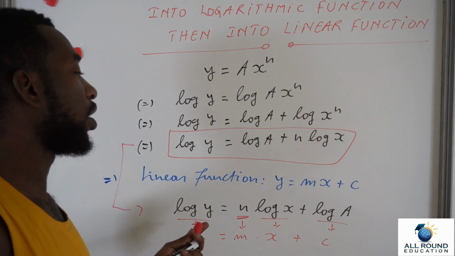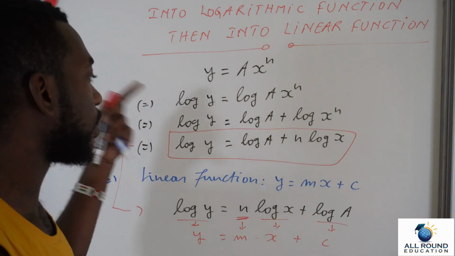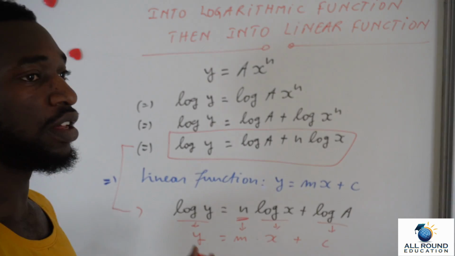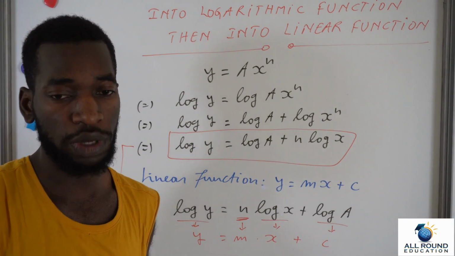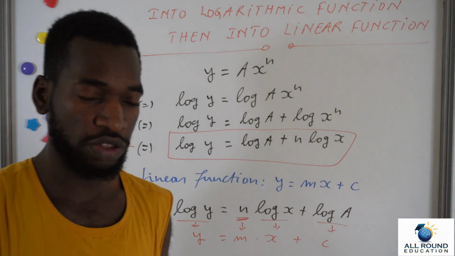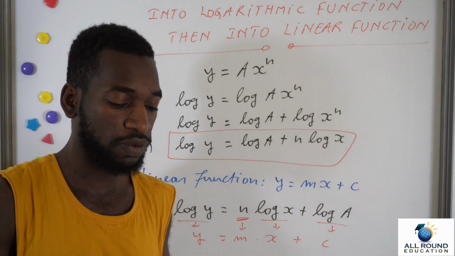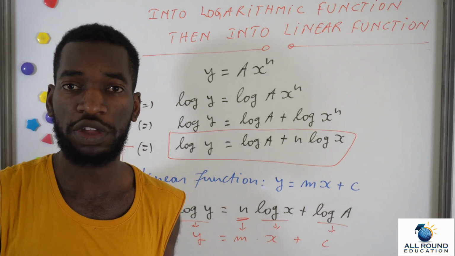So this is how you can convert a power function into a log function, and a log function into a normal linear function. This is very important in chemistry, because you have to sketch the graph of the reaction to actually work out the gradient if you don't have enough information to work it out.